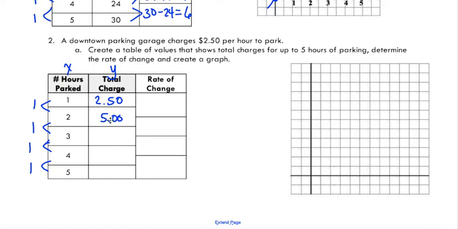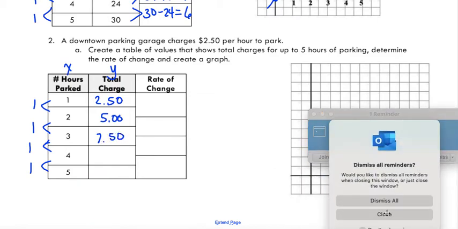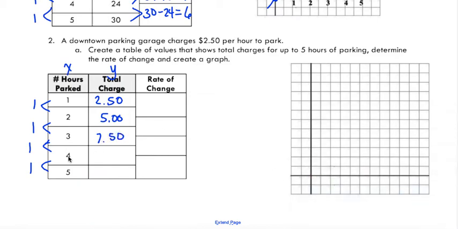For 3, I'm going to add another $2.50 to that to get $7.50. For 4 hours, I would be charged $10. And for 5 hours, I would be charged $12.50.